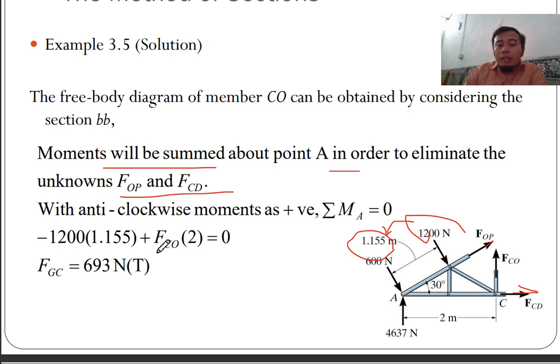Then your FCO is perpendicular to point A with a moment arm of 2 meters. So your FCO is equal to 693 Newton, which is in tension. This is actually FCO. Typo here.